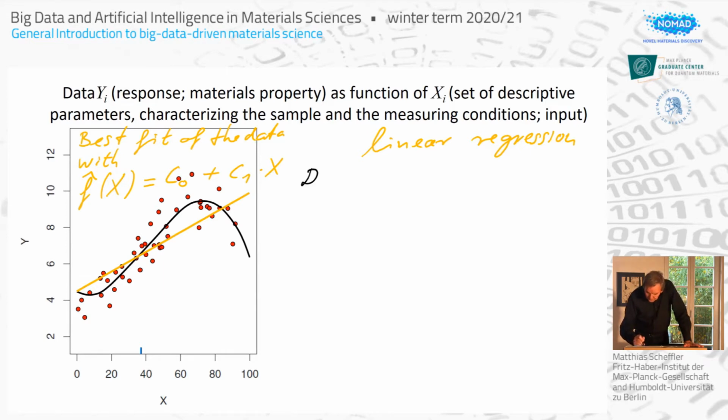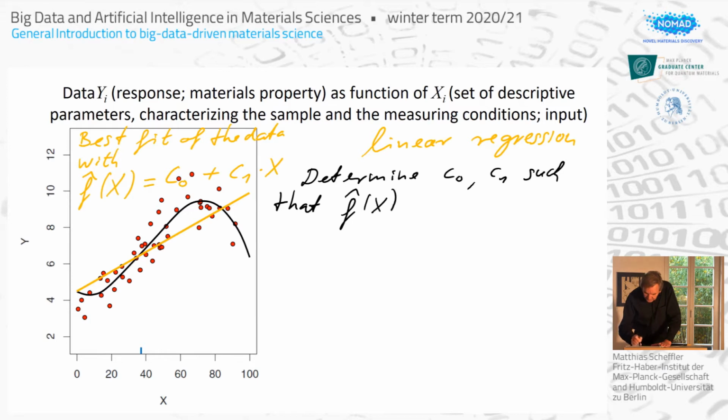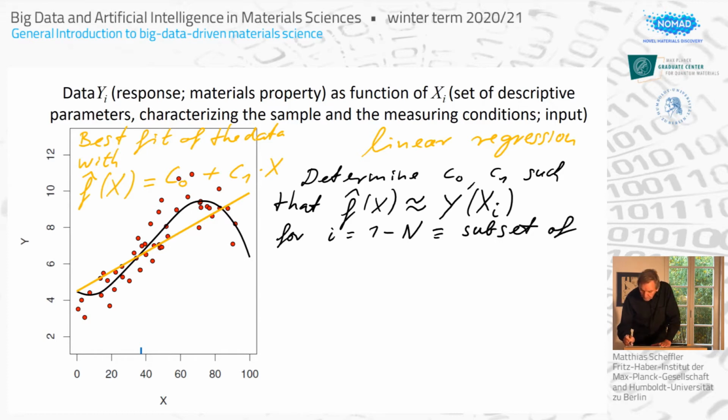We want to determine, in general, these two parameters, determine c0 and c1, such that our function f hat of x is somewhat similar to the true values y of xi, the measured values, for i equal 1 to n, which is a subset of all known data points.